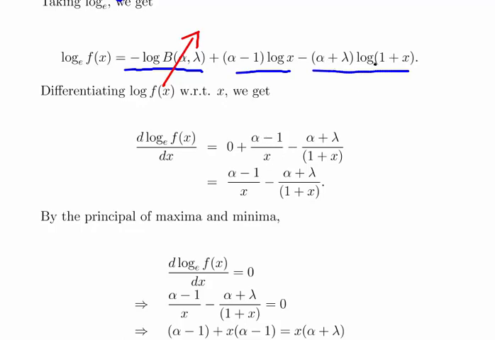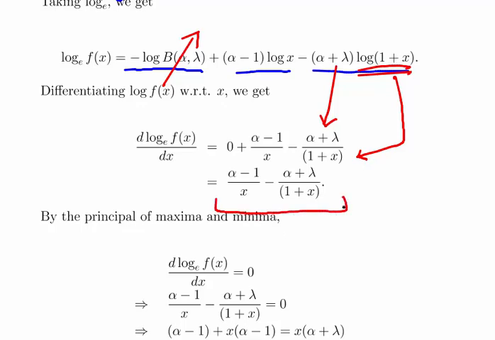And for the last expression, alpha plus lambda is a constant, so we can put that down straight away. The log of 1 plus x differentiates to 1 over 1 plus x, so we get alpha plus lambda over 1 plus x. And that is the expression there.